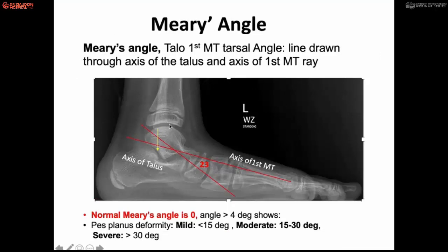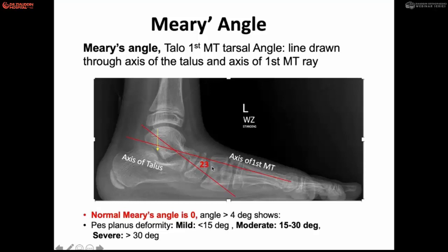If you take a weight-bearing lateral X-ray, it gives the Meary's angle, which is the angle between the axis of the first metatarsal and the axis of the talus. A line is drawn through the axis of the talus and the axis of the first metatarsal.